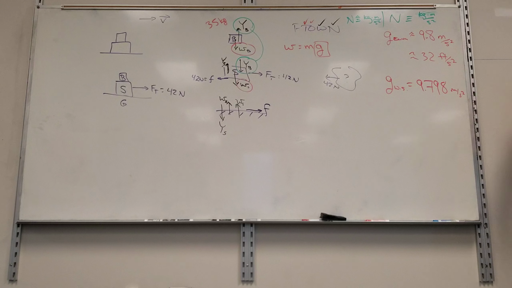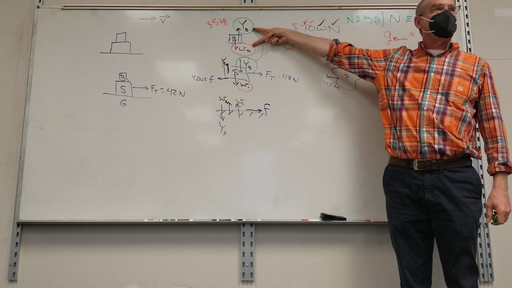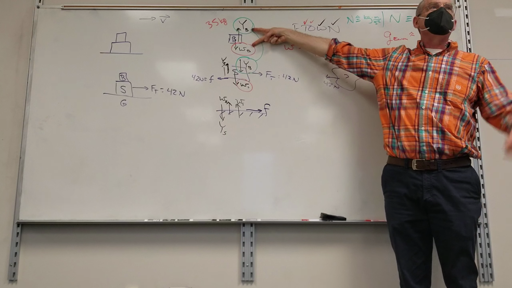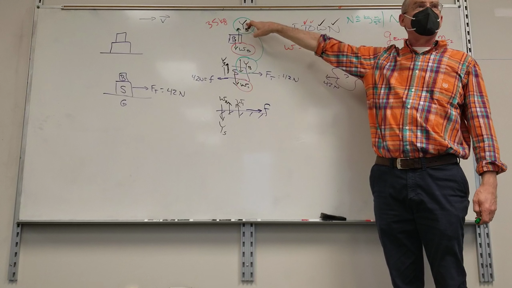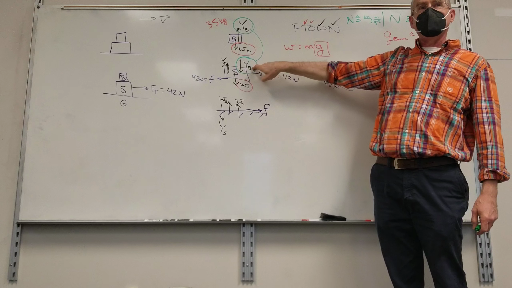More specifically, there's no acceleration up or down at all. The vertical component of the velocity is 0 and stays 0. Therefore, what do we know about those two forces? They're equal in magnitude. We know his weight, therefore we know the normal force keeping him up, and therefore we know the normal force he's pushing down on the sled.